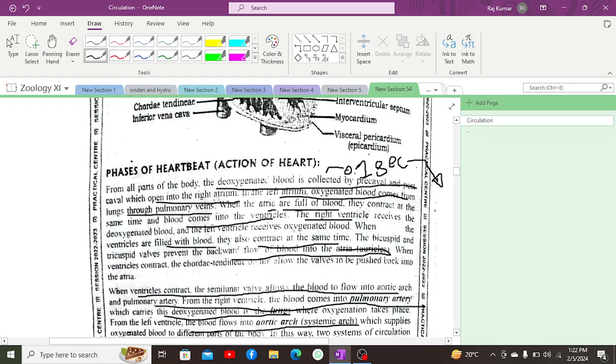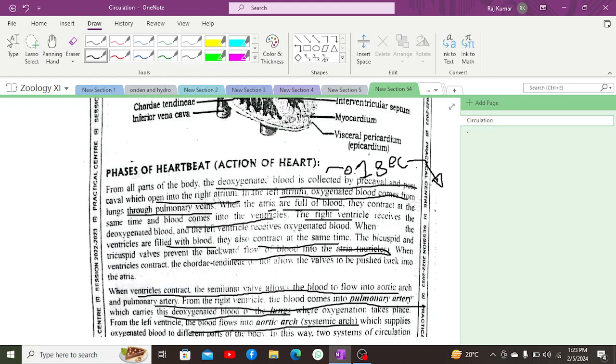Systole basically refers to contraction, and diastole to relaxation. As contraction occurs in the atria, first and foremost, there's already a lot of pressure when the blood is filled within the atria. And on the other hand, if we apply more pressure through contraction on the atria, this will cause the tricuspid and bicuspid valves to resist and endure the pressure, and there will be a time when they will burst open.